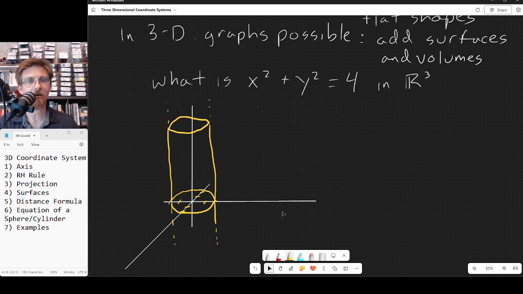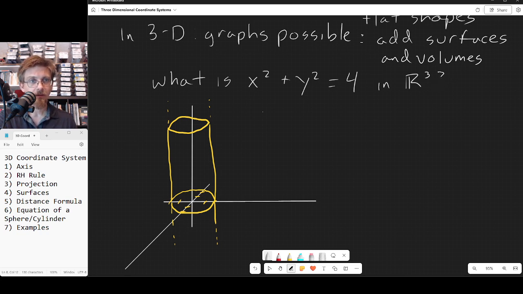So if you're missing a variable in your equation, in your relation, then that particular variable is free. It can be whatever it wants. If we were told that z was between something or z was equal to something, then that would change what we were dealing with.